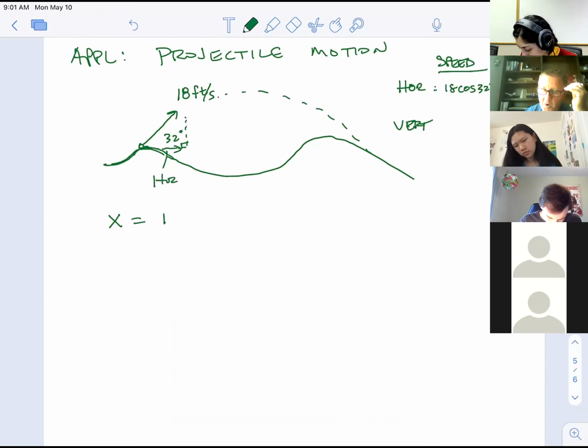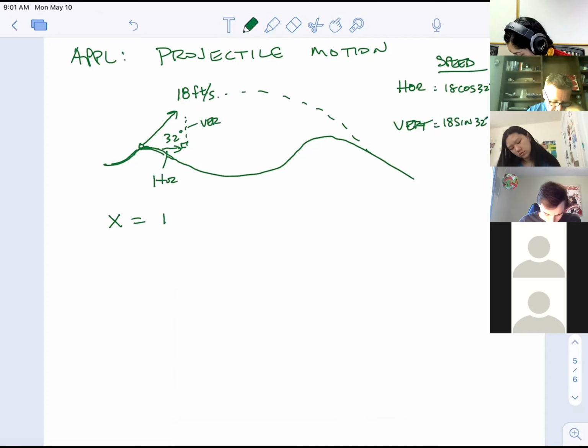So what that means is most of your 18 feet per second speed is actually horizontal. What about vertical? Well, perhaps you see that that would be a sine problem. So if I take 18 times the sine of 32, I get 9.538. Again, I'll just roughly call it 9.5, just so we can have nice small numbers.